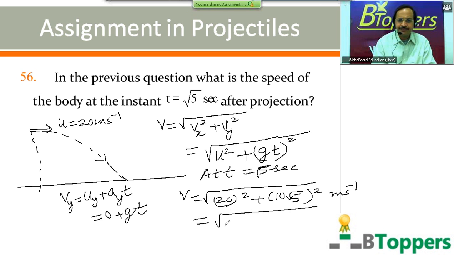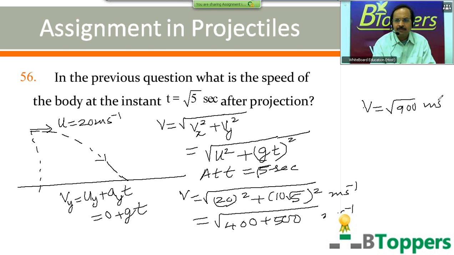So you can simplify this. You get v equal to root 900 meter per second, or 30 meter per second. So that's the answer for this question number 56. So the answer is 30 meter per second.